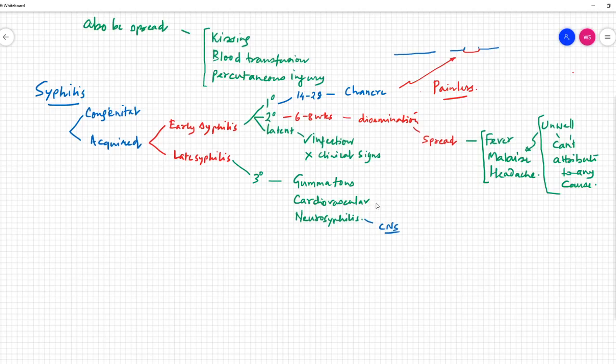Okay, it shows CNS signs. Cardiovascular, there will be, say, arrhythmias, aneurysms. Okay. Gummatous is basically a skin lesion. Okay, it's a skin lesion. But the most serious one is cardiovascular presentation and the neuro or the CNS presentation, and that is the complication of syphilis. Okay, so this is what we want to try to avoid.